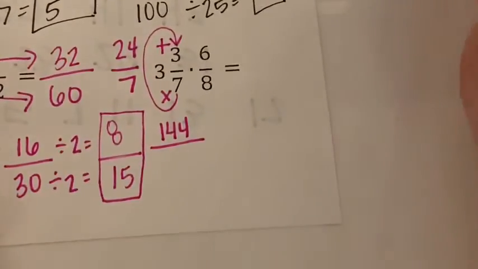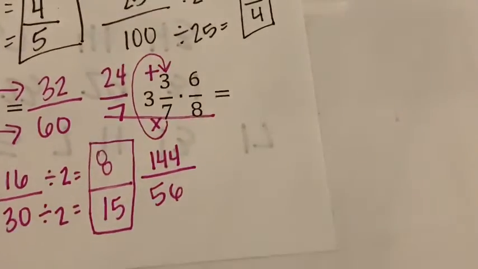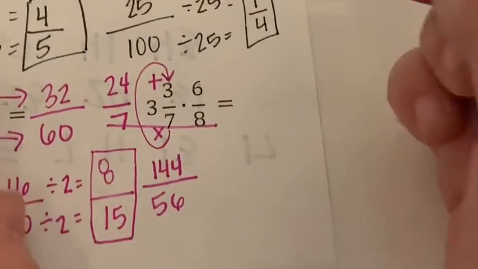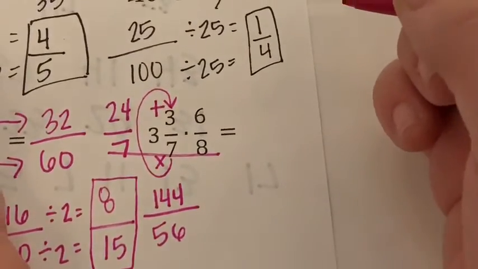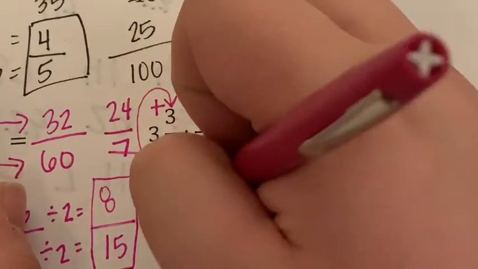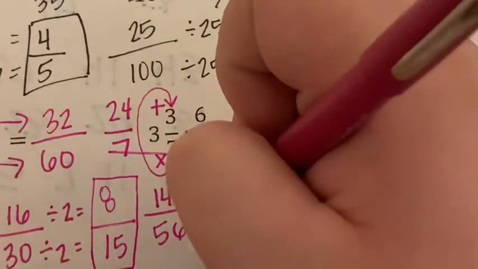Okay, and 7 times 8 is 56. And these are both divisible by 2, which will give us 72 over 28.